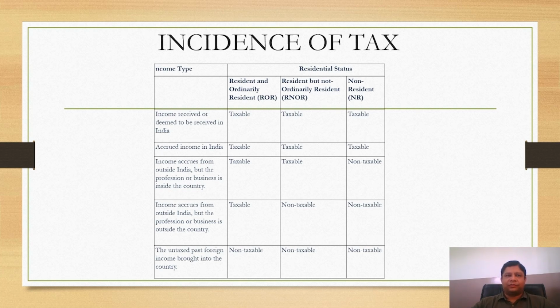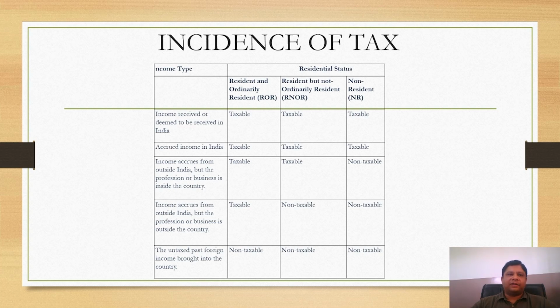Now, fourth income, income which accrues or arises outside India and is received outside India in the previous year from any other source is only taxable in case of resident and ordinary resident and not taxable in the other two residential status, that is not ordinary resident and non-resident.